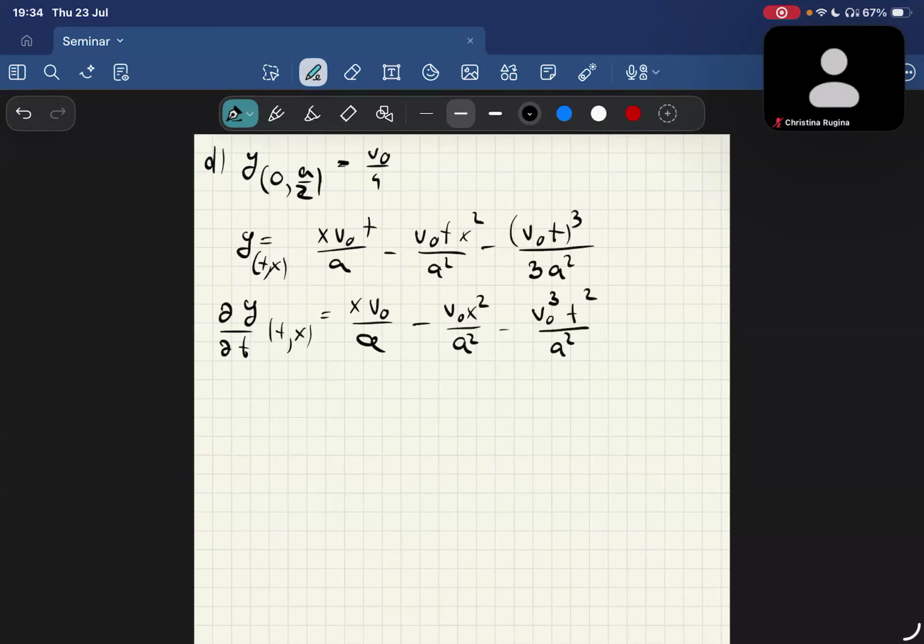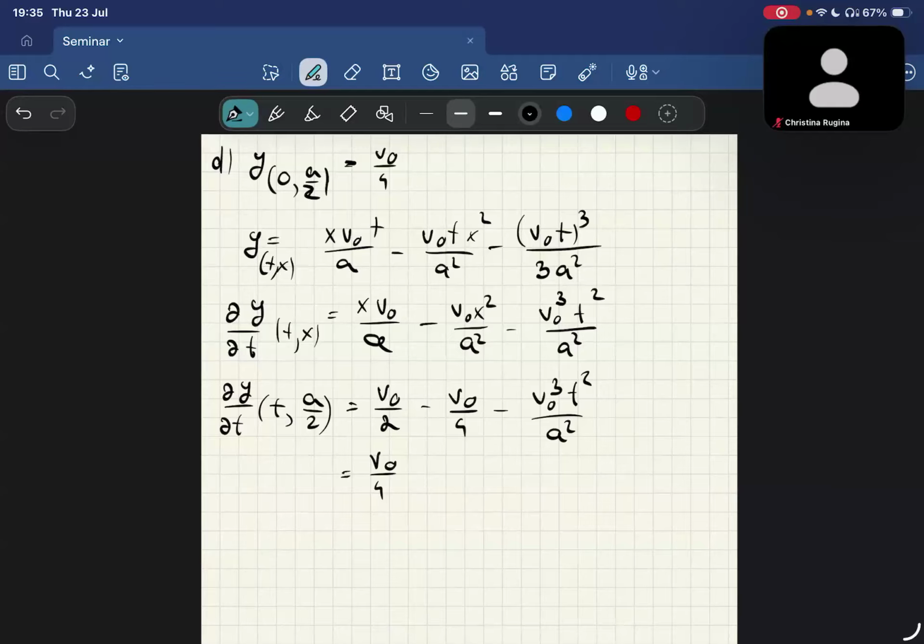Okay, and setting x being equal to a over 2, we get this function in terms of time, and we can further compact this into v0 over 4 multiplied by 1 minus 2 v0 t over a, squared.